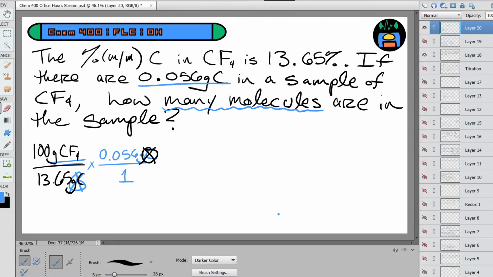All right, because we want to find how many molecules. The way you convert grams to molecules is first we have to convert grams of CF4 to moles.